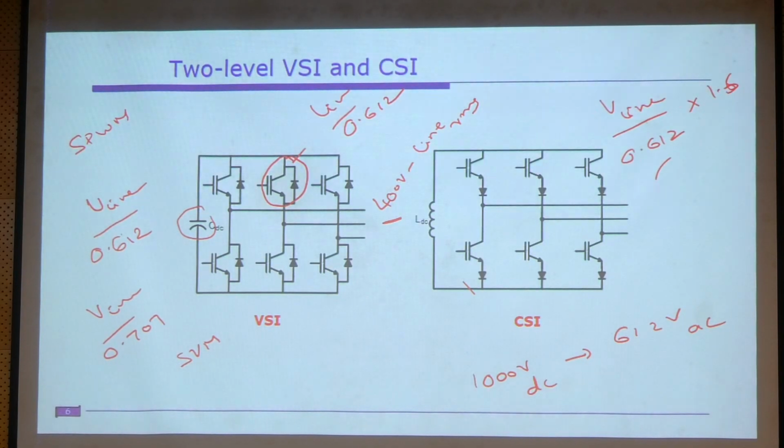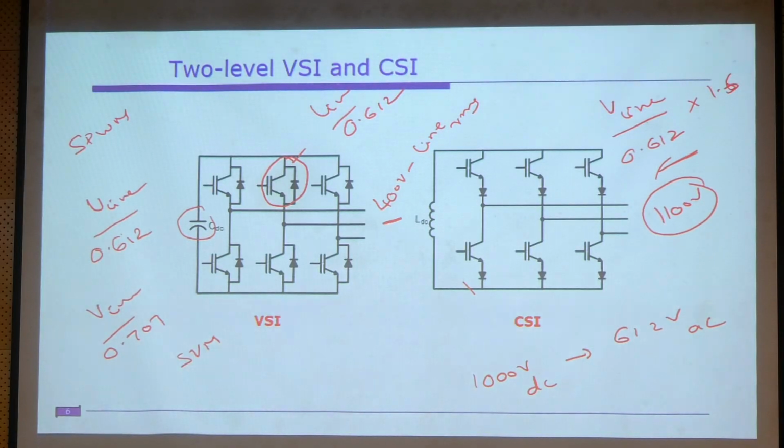Whatever the value you are getting, if you are choosing an IGBT or MOSFET, you need to choose the device. How to choose the device? For example, let us assume you are getting 1100 volts after some mathematics.